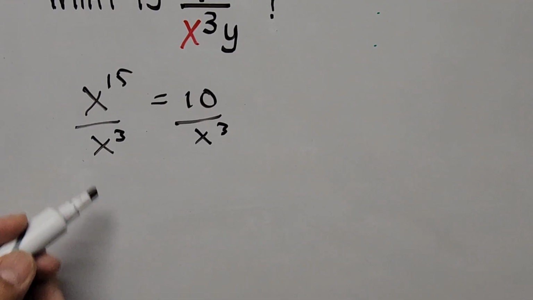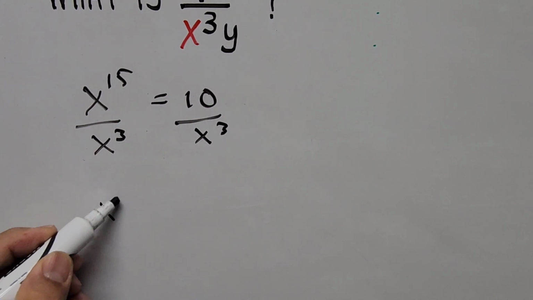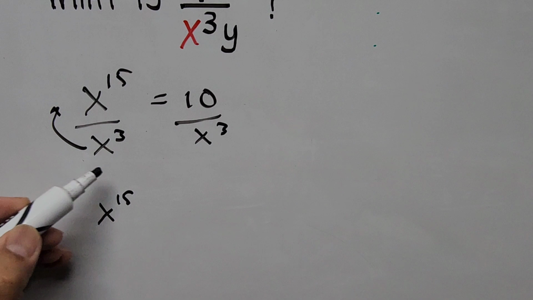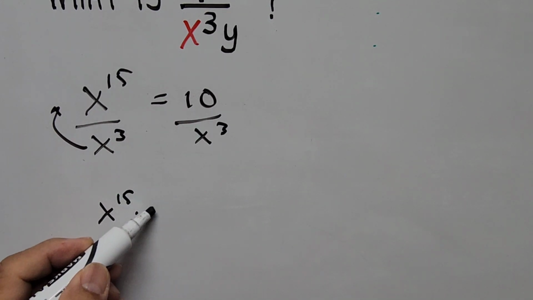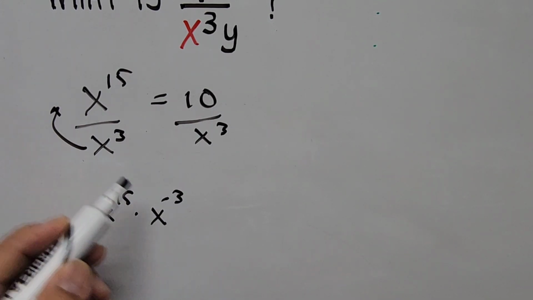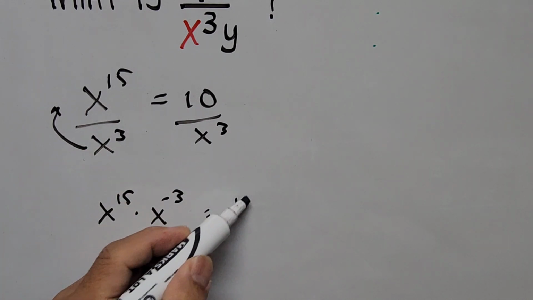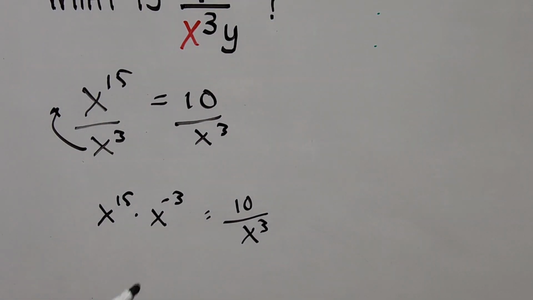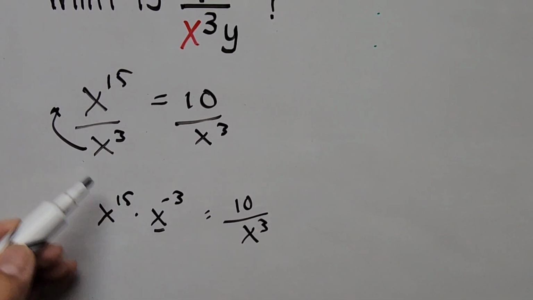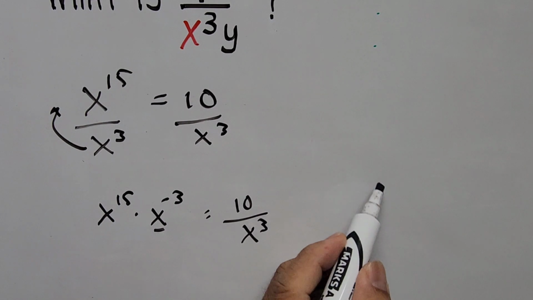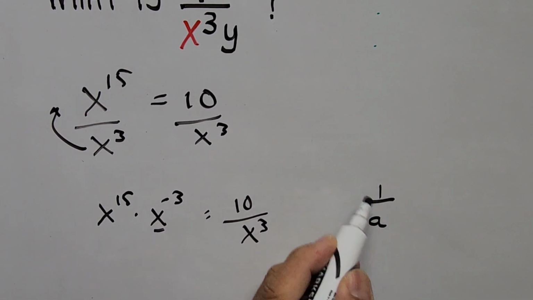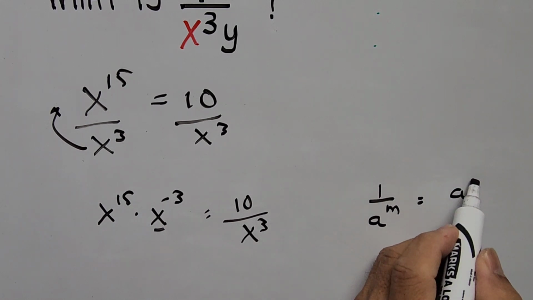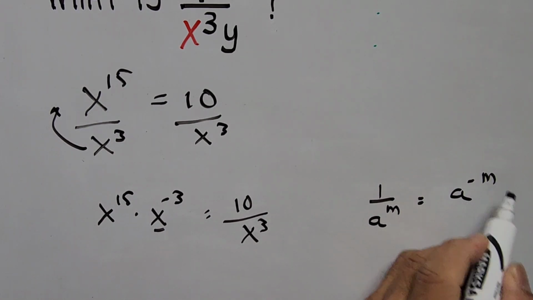Simplifying this equation, this is now x to the 15, and we're transposing this to the numerator from the denominator. That will become x to the negative 3 exponent, and the right hand side is 10 divided by x cubed. So from here we use the negative exponent rule: 1 divided by a raised to exponent m is equal to a raised to negative exponent m.